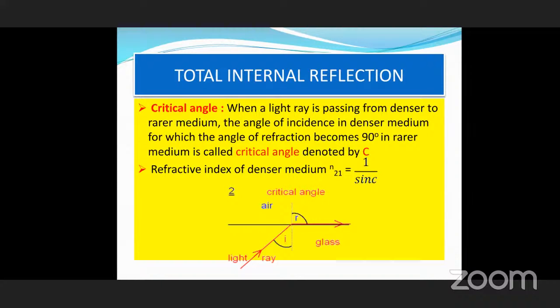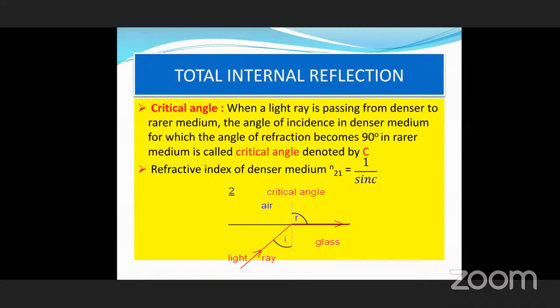When a light ray is passing from denser to rarer, you should remember this, underline this sentence: denser to rarer. Whenever light has to travel from denser to rarer, where does it start? Denser to rarer. Where is the angle of incidence? It is in the denser medium.